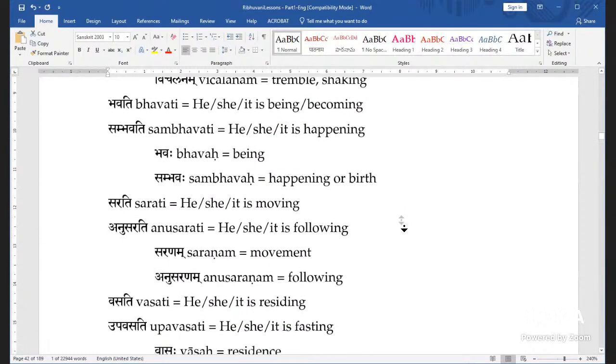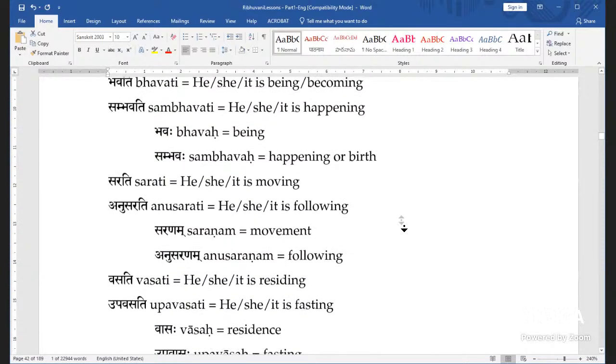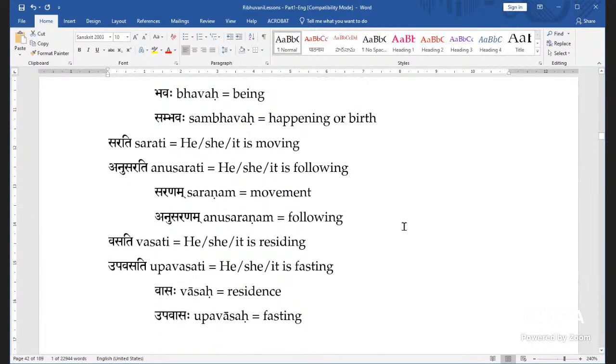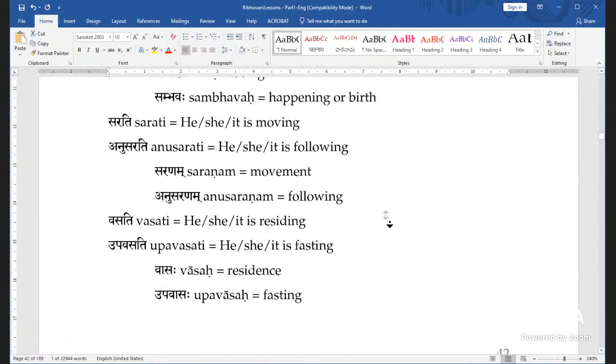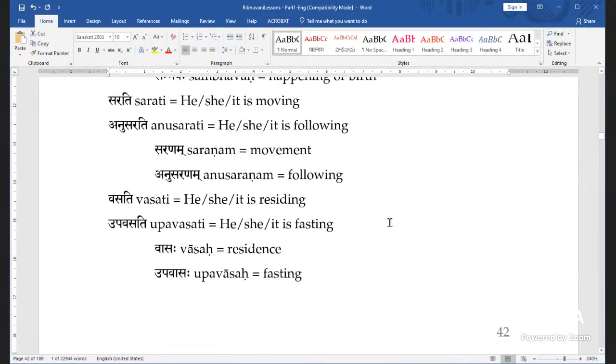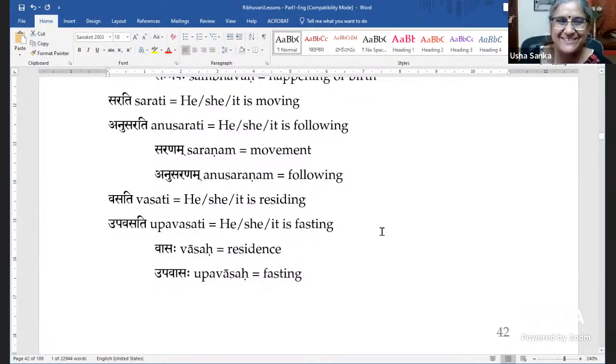Sarati: he, she, it is moving. Anusarati: he, she, it is following. Saranam: movement. Anusaranam: following. Vasati: he, she, it is residing. Upavasati: he, she, it is fasting. Vasaha: residence. Upavasaha: fasting. Very good. Well written. Thank you.